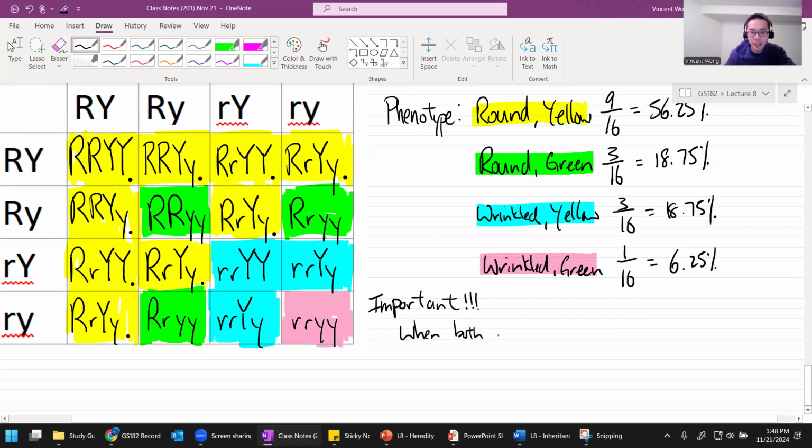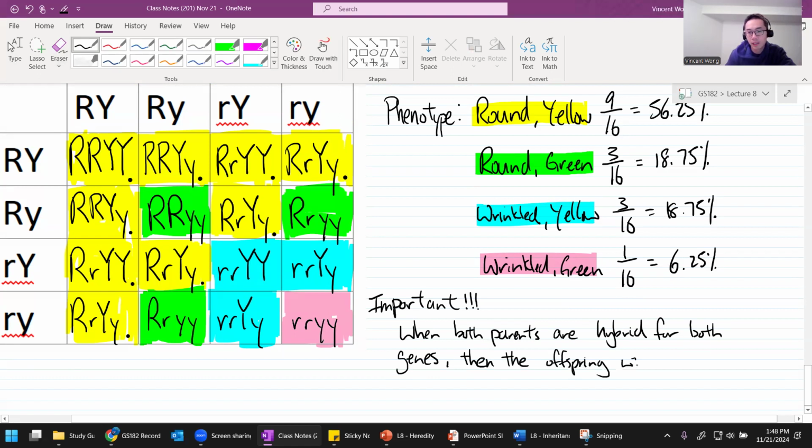When both parents are hybrid for both genes, then the offspring will produce the 9:3:3:1 ratio.